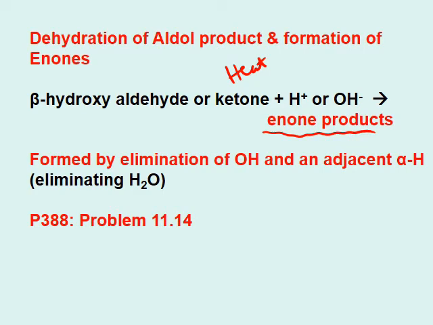To be more exact, enone actually you get from ketone, because ene stands for alkene group, one for ketone group. But for aldehyde, you get enal. But in general, we call them enone products. By going over problem number 14, we'll discuss how exactly you can get enone products.